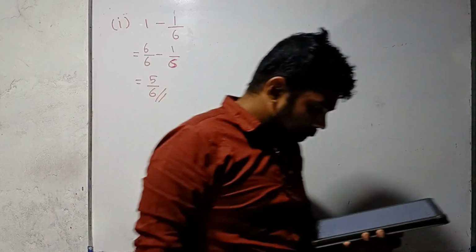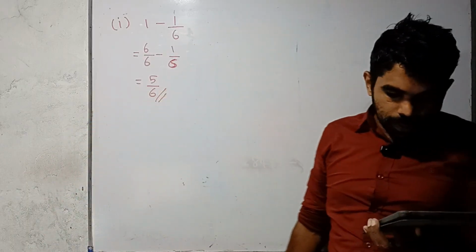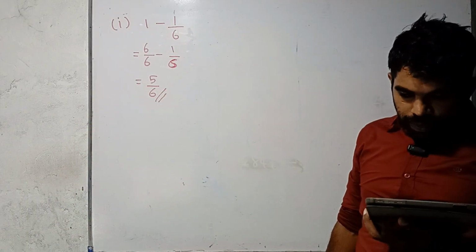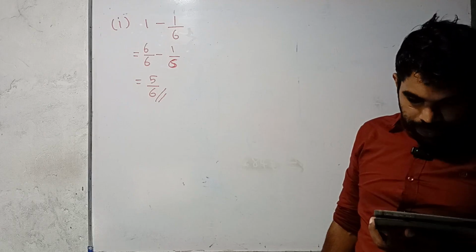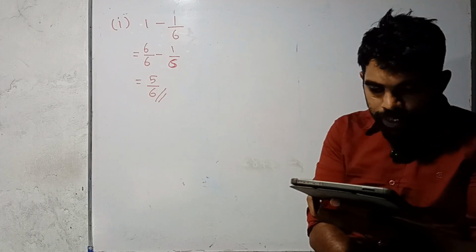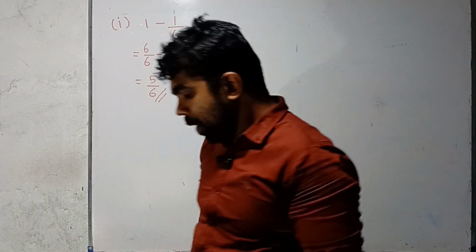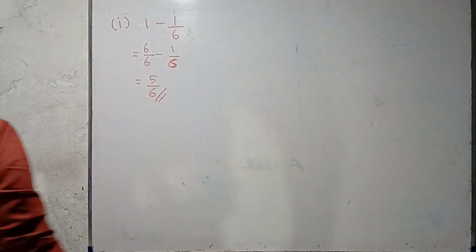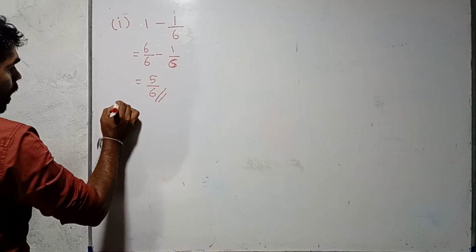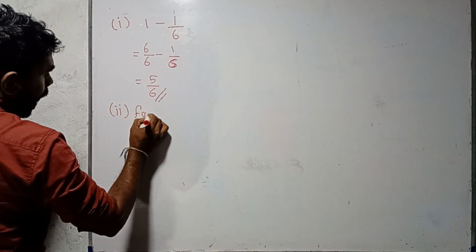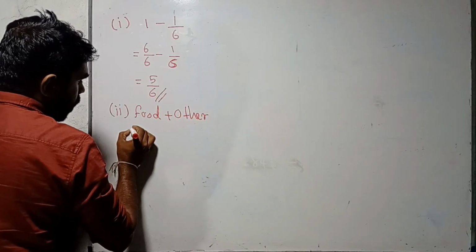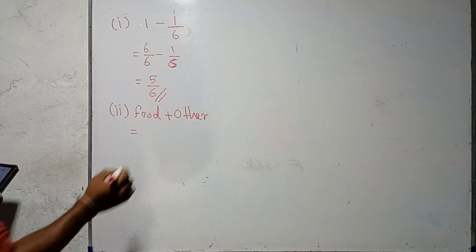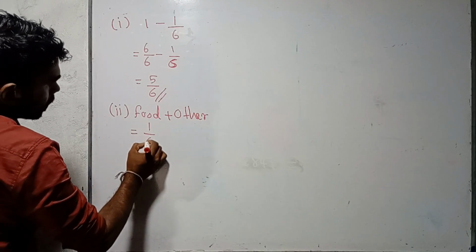Then part 2. What fraction of the amount he received remains with Janaka after he puts aside an amount for food and other expenses? We can get the portion expended for food and other expenses. For food, 1/6.